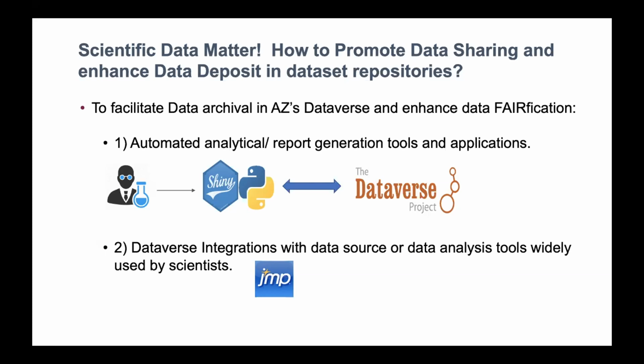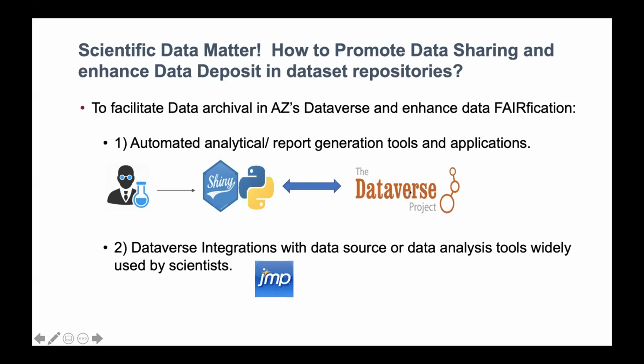These are normally R Shiny applications or Python applications. The scientists bring the data to these applications and we do the analysis through them. As part of the additions in those applications, we collect the metadata from the scientists, create a dataset, and push the data into Dataverse through the R and Python applications that we have.